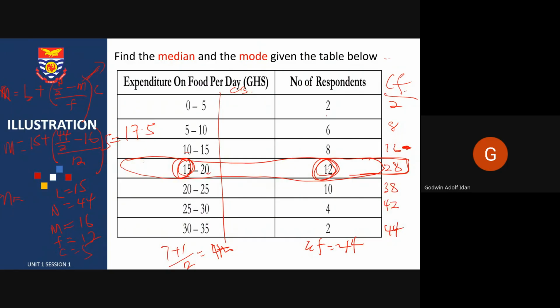Then I come to Julie. Julie, you were saying something. Augustine, I'll come to you. Yes, Augustina, you are saying something. Julie, your network, I'm not hearing you.